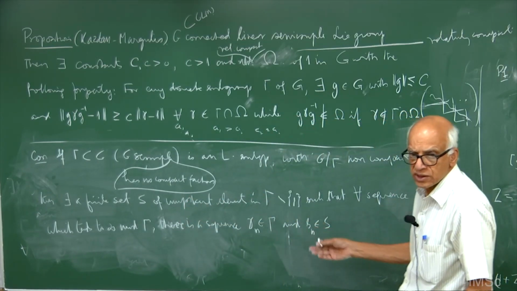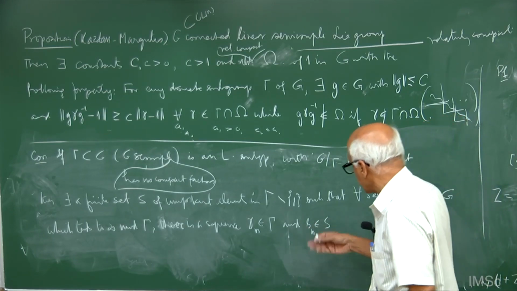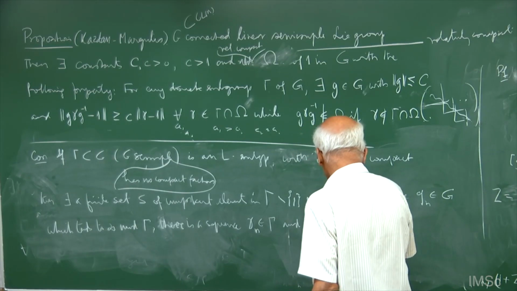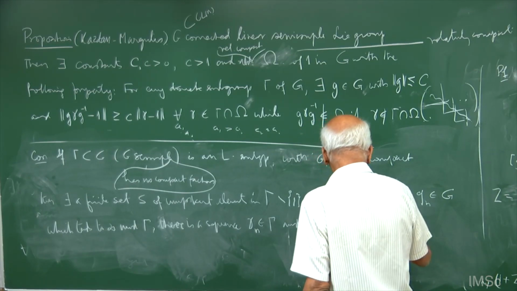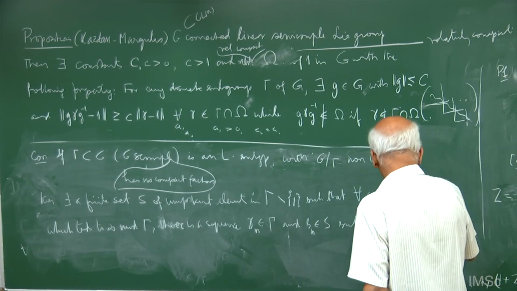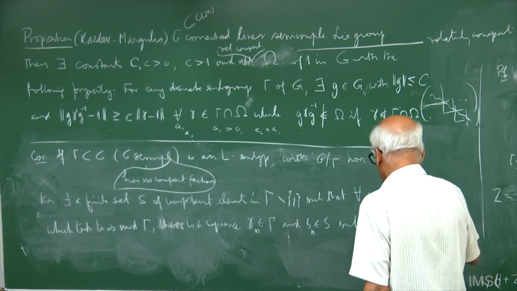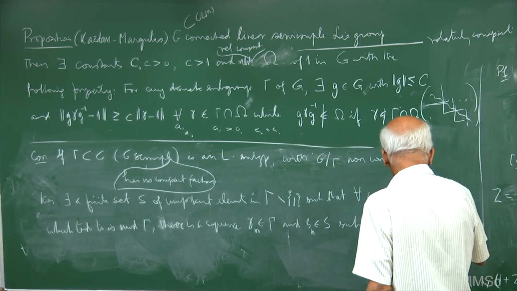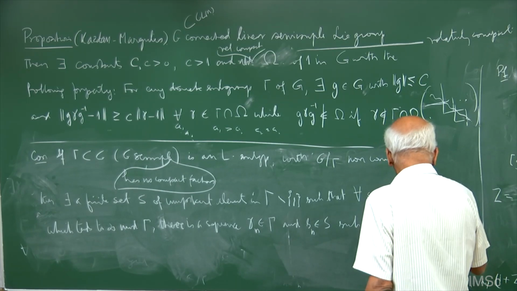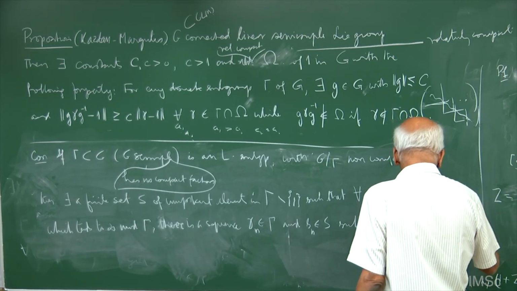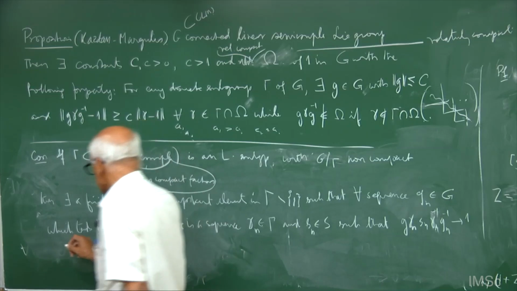When I say S in sequence, it will keep repeating after a finite number of terms anyway. And Sn in S such that Gn gamma n Sn gamma n inverse Gn inverse tends to 1 as n tends to infinity.